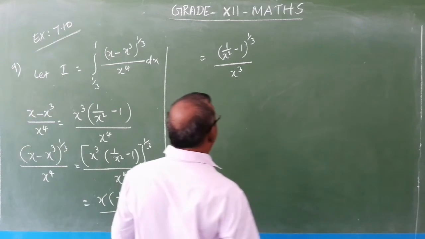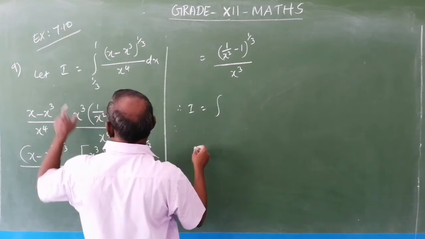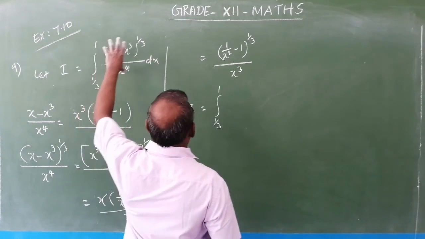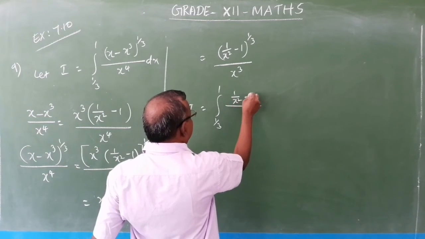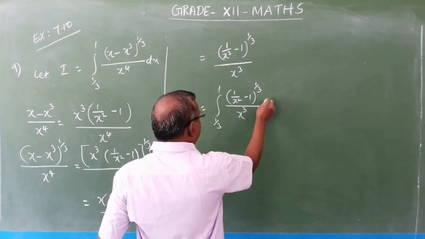Therefore I can be written as the integral from 1 by 3 to 1 of (1 by x square minus 1) whole power 1 by 3, divided by x cube, into dx.